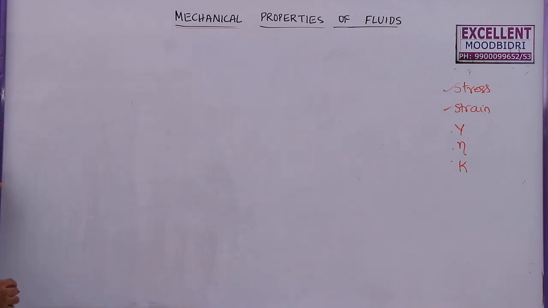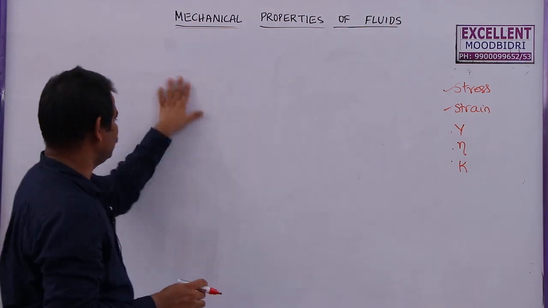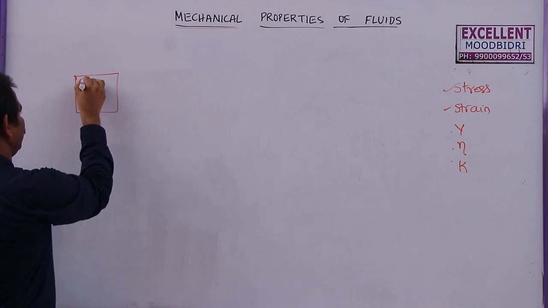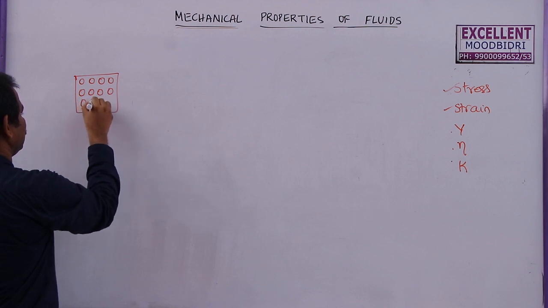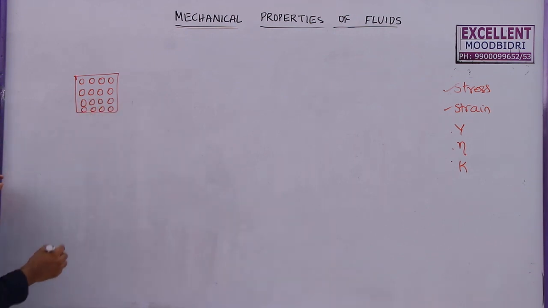Now, first of all, to study about the mechanical properties of fluids, we should know the difference between a solid and a fluid. So in a solid, we know the molecules are fixed and they are packed tightly.